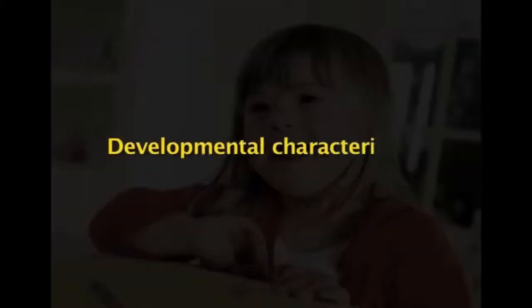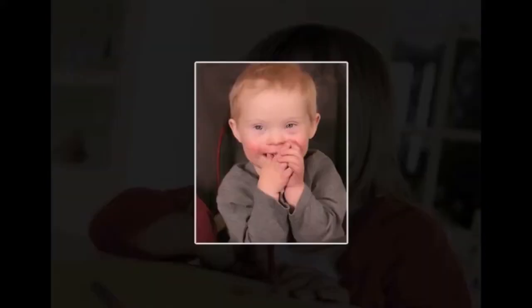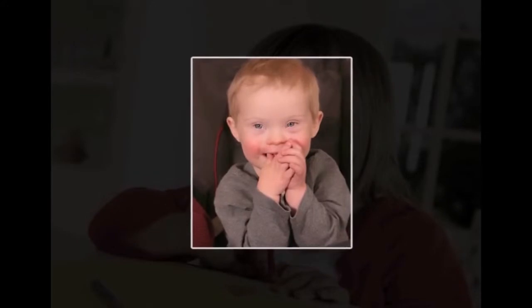Now, we will see what the developmental characteristics of a child with Down syndrome are. Delayed cognitive development, usually with a mild to moderate range of mental retardation. Delayed or atypical speech and language development, with expressive language being more delayed than receptive language.